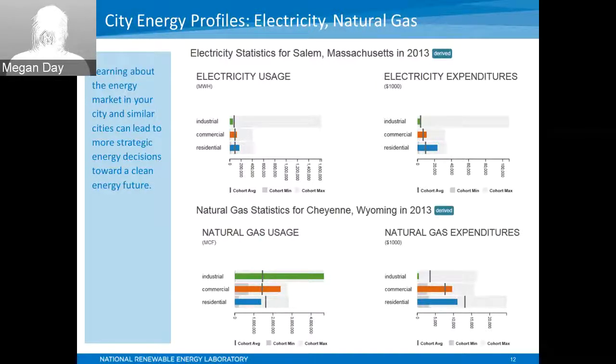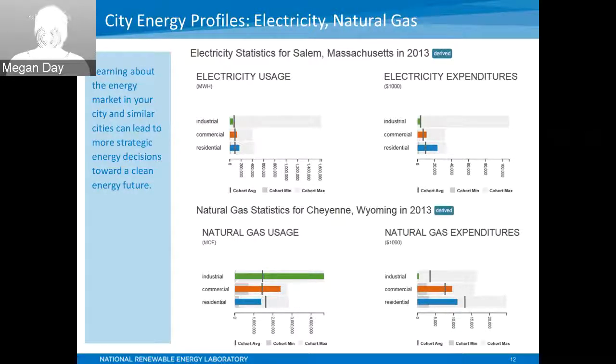Now, a census tract is a geographic area that incorporates about 2,500 to 8,000 people. And so we model all of this energy consumption and expenditures at the census tract level, and then we build it back up to city limits to include all of the census tracts within the city.